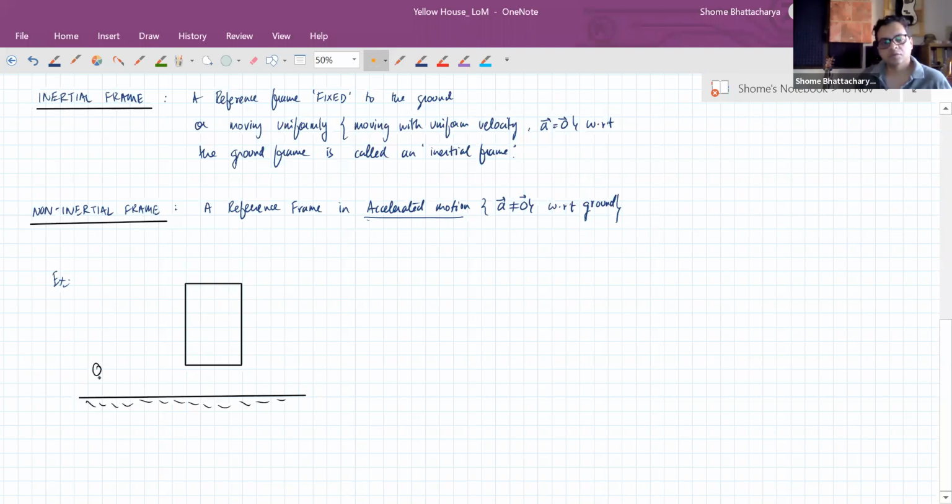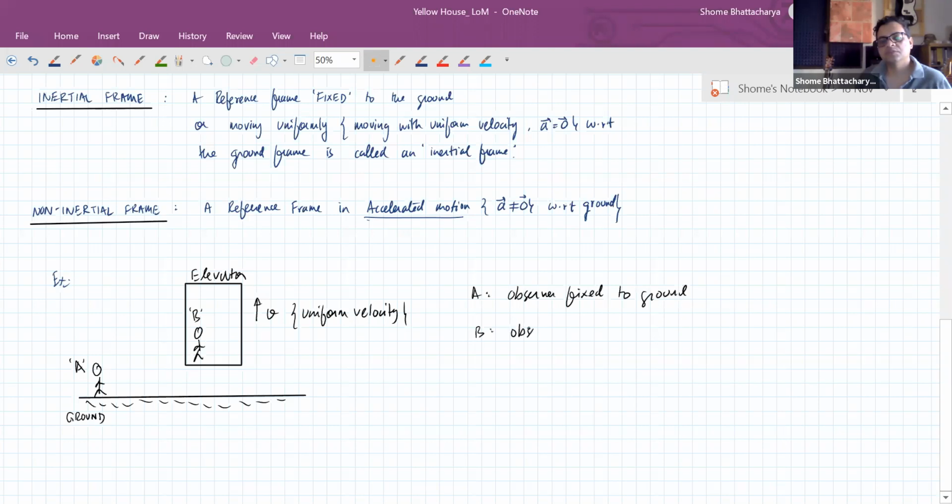So this is what is happening here. A is an observer fixed to the ground.